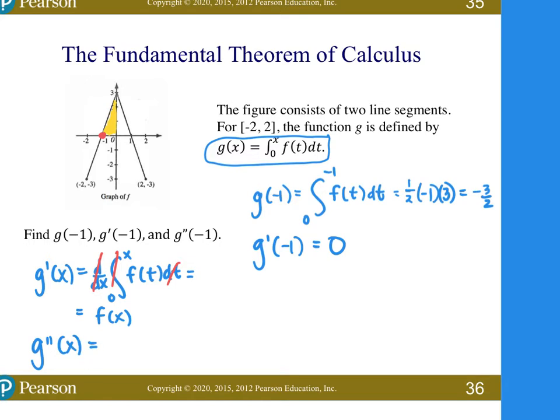Well, if g prime is f of x, then g double prime has to be f prime, which is the slope value at that point. So we're finding the area up to the point, we're finding the point itself, and we're finding the slope value. And that slope value, if I just count simply rise over run at that position, so g double prime of negative 1, rise over run is 3, up 3 over 1.